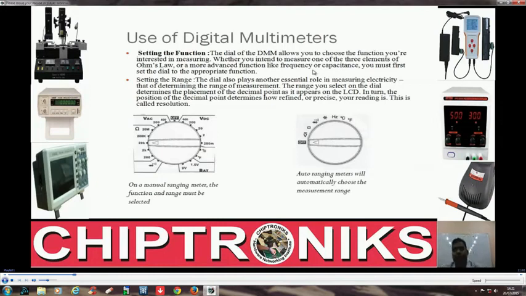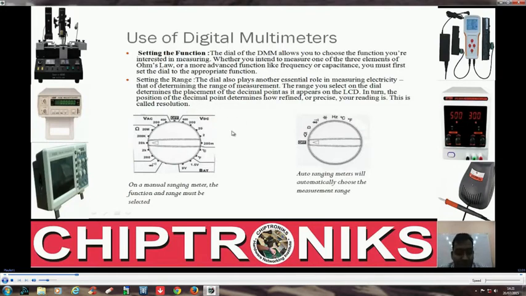Now, use of a digital multimeter. How exactly do we use a digital multimeter? For using a digital multimeter to test an electronic component, we have to first set the function. Like if you want to measure the resistance, you have to turn the knob across the resistance, and then you have to set the range.